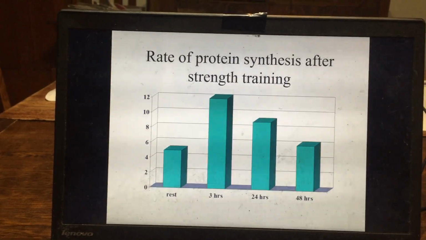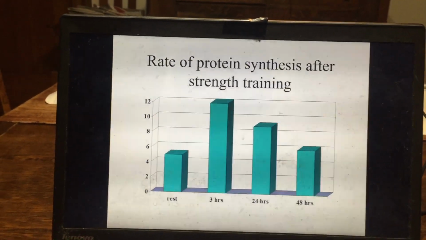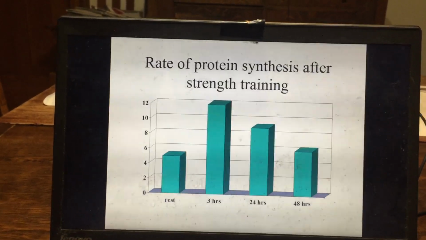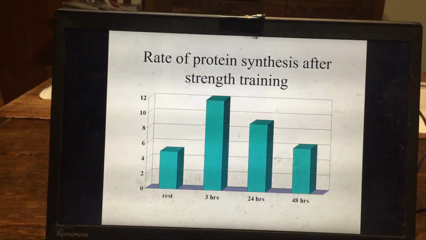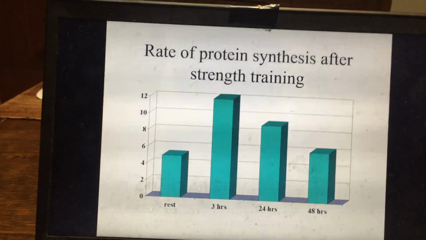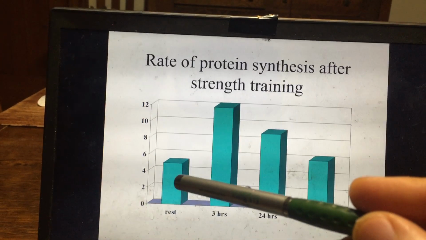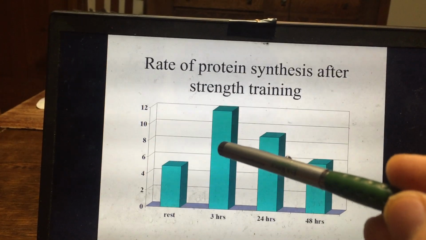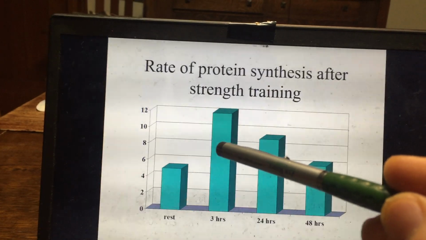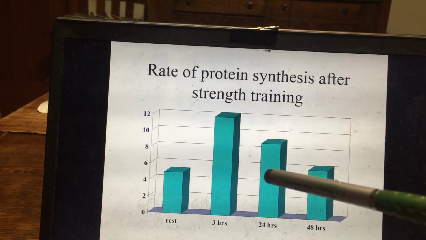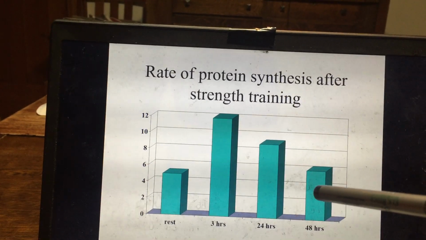There is some support with regards to how protein synthesis gets activated after strength training. This graph shows your increase in protein synthesis at rest, and then 3 hours after a resistance training session, 24 hours after a resistance training session, and 48 hours.